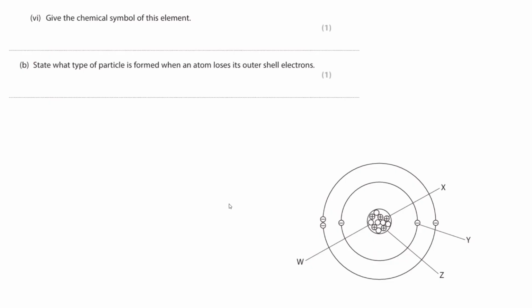Question number 6. Give the chemical symbol of this element. So we can see that in this element we have 1, 2, 3, 4, 5 protons. 5 protons is equal to the atomic number of the element. If you look at the periodic table, 1 proton is hydrogen, 2 protons is helium, 3 protons is lithium, 4 protons is beryllium, 5 protons is boron.